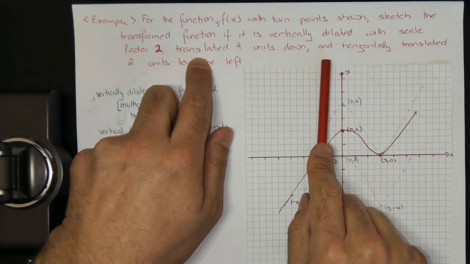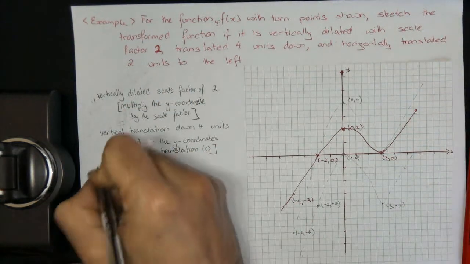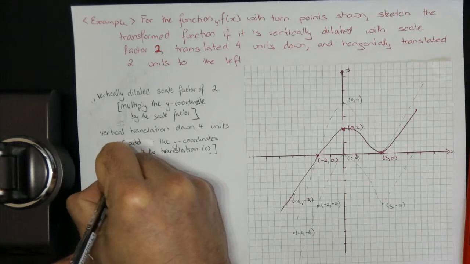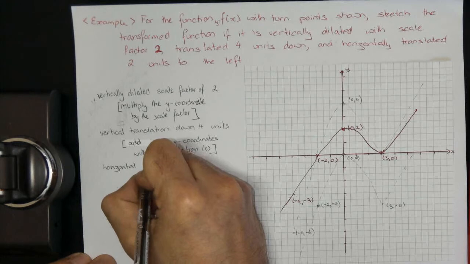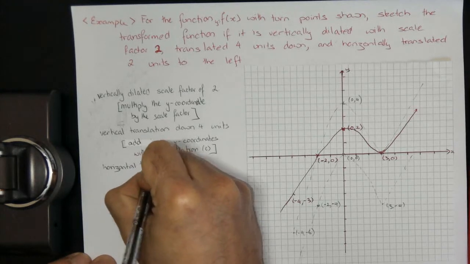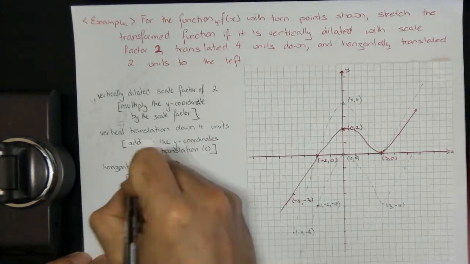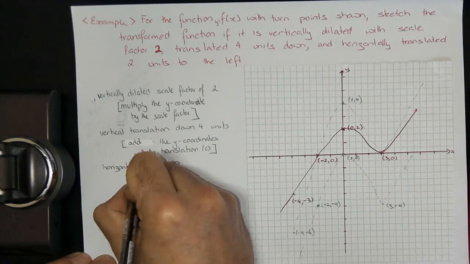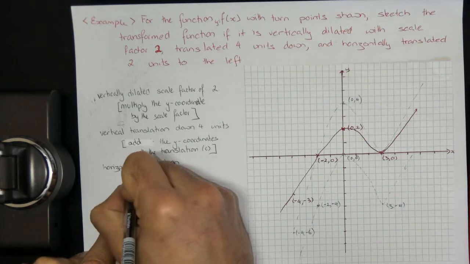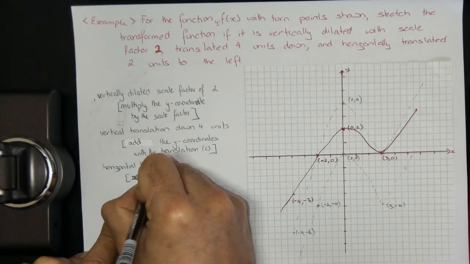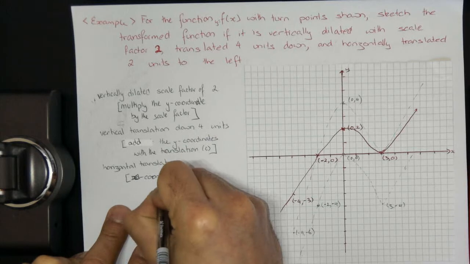Now we want to horizontally translate it 2 units to the left. So we've got a horizontal translation. As we're going to the left, the x coordinates change.